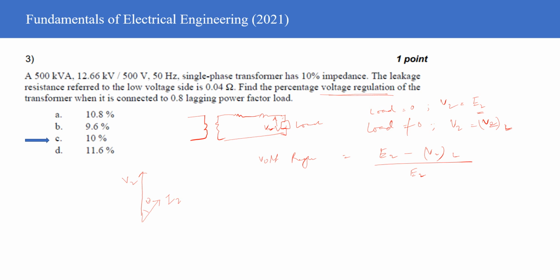Then if there is some resistance in the circuit, there will be an I2R drop, and if there is some reactance, then it will be at an angle of 90 degrees away from this, and you will have E2. So this is your E2, and this is the phasor coming out from V2 and meeting E2 over there.